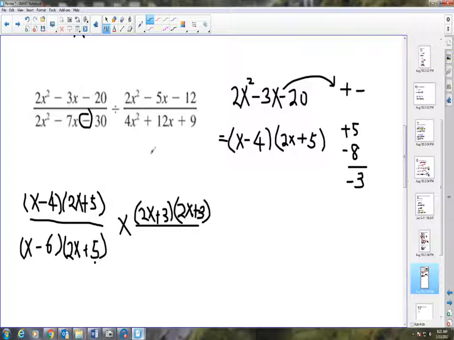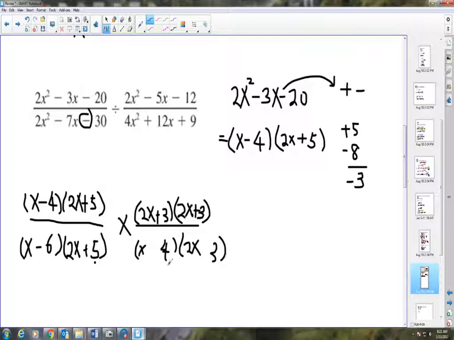Alright, this numerator comes to the bottom, so let's see. x and 2x. 12, 4 times 3. I'm going to put 4 right here, 3 right here, because 4 cannot go with the 2x. That gives you another greatest common factor that you don't want.